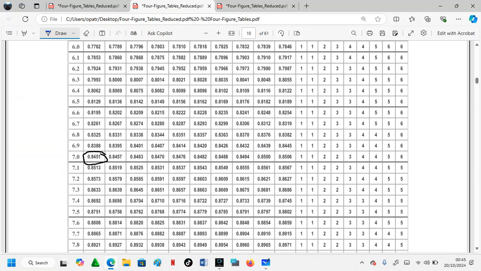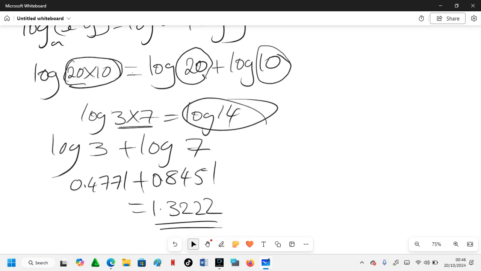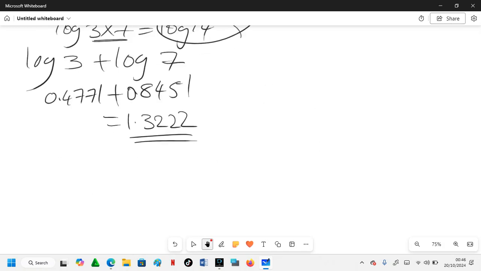The log of 7 is also there: 0.8451. Key that in a calculator, 0.4771 plus 0.8451, and it should give you 1.3222 as the answer.